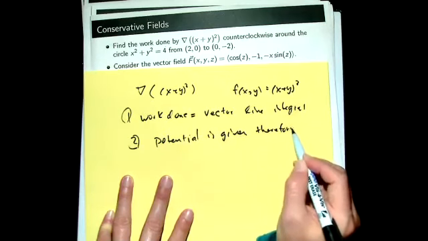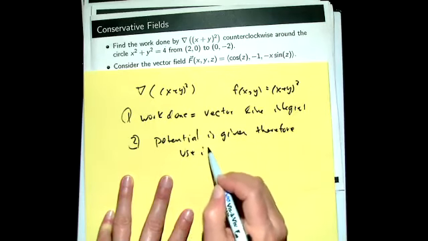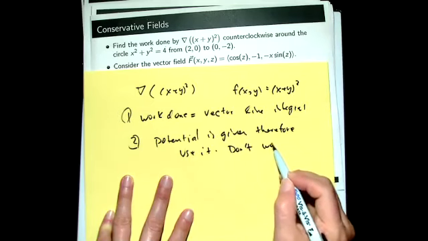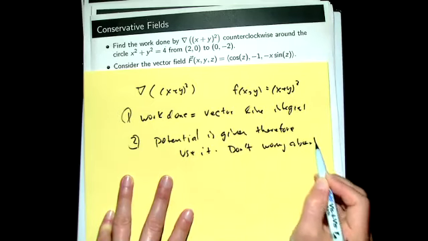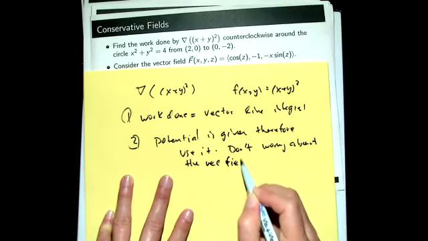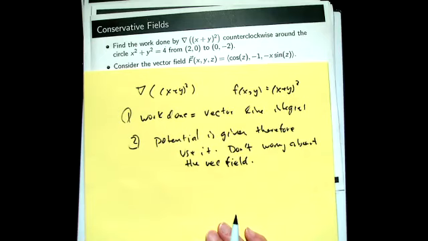Therefore, use it. Don't worry about the vector field. If the potential is given, why would I even bother? For the line integral, use the potential.